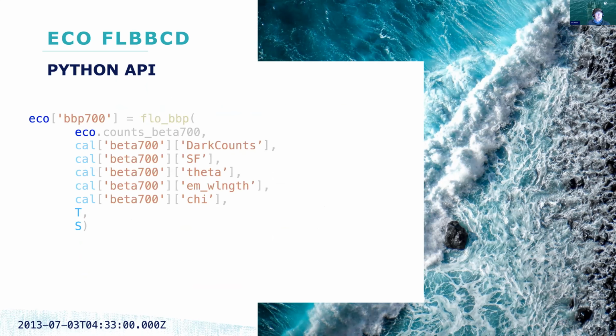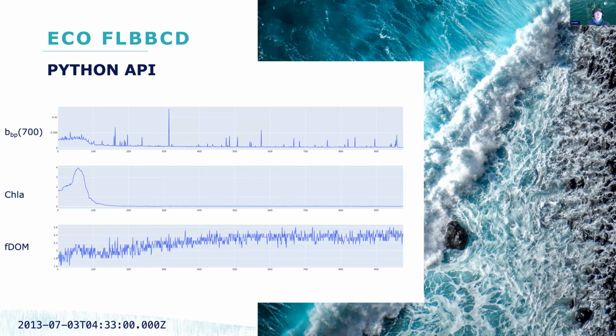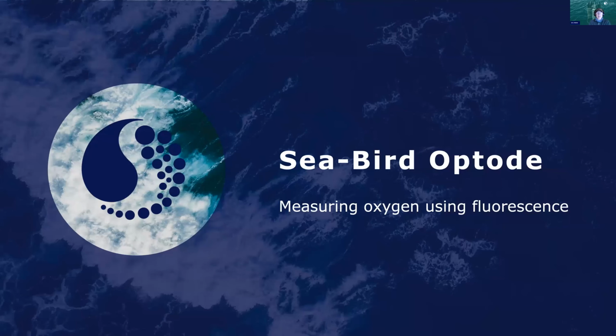And here's the Python API being called. Here's the pandas data frame that's output. And again, those time series graphs. So that's how we got, for 3 measurands on an ECO, from counts, or essentially instrument units, into engineering units. Let's take a look at the Seabird optode.